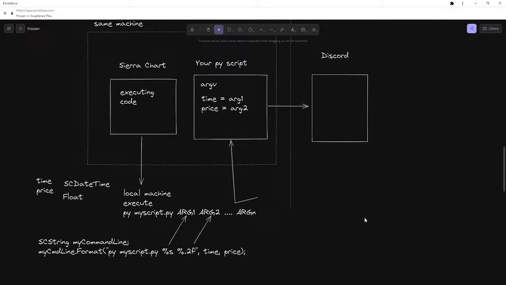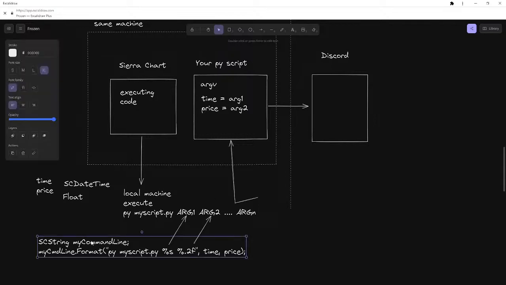Okay. And that my CMD line dot format, that's the built in. This is just an SC string. So this is the variable name for the string that you need to create in order to execute your command to call your Python script from inside of ACSIL itself.